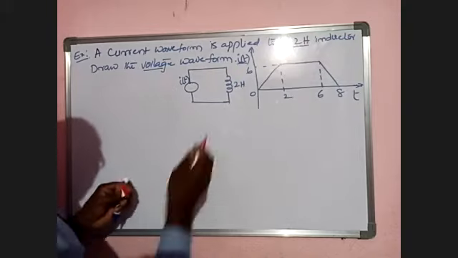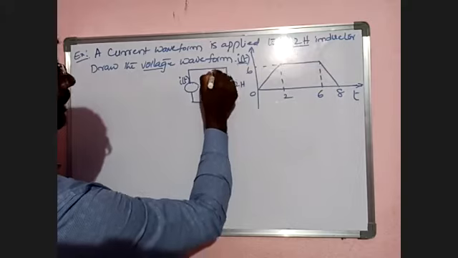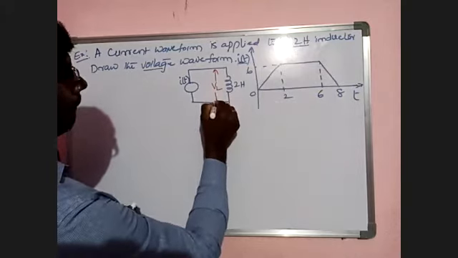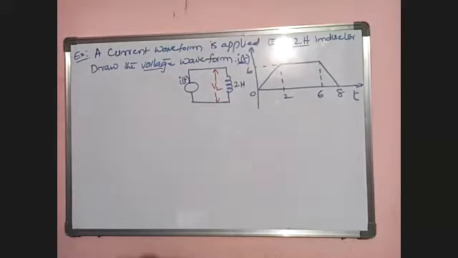So what is the voltage across the inductor? How to find its voltage response? We have the relation between voltage and current in an inductor.